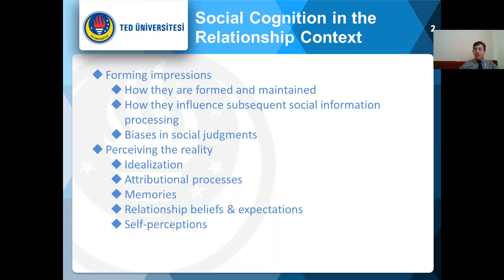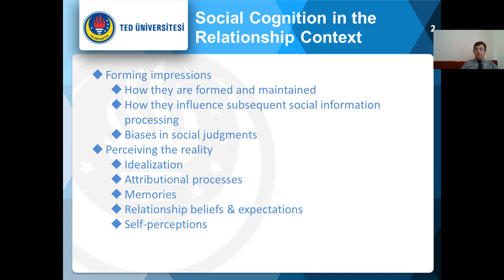So do we change our behaviors when we learn something new about these people, or are we engaged in perceiving other behaviors in the future from these people by assimilating these behaviors to our existing first impressions, first categorizations? And therefore, we expect, and there are biases in our social judgments, always in our interaction with other people, including ourselves actually, but also in romantic relationships.